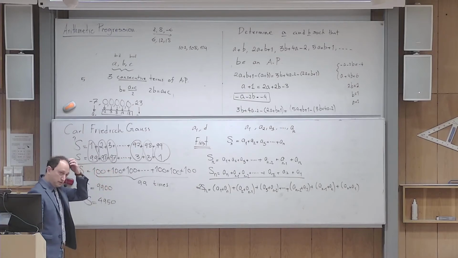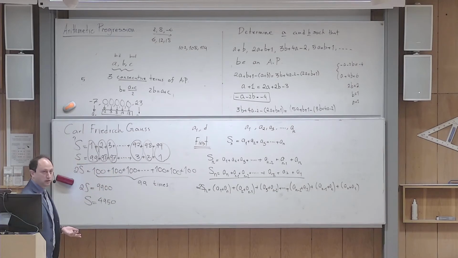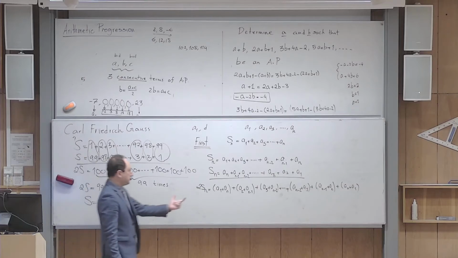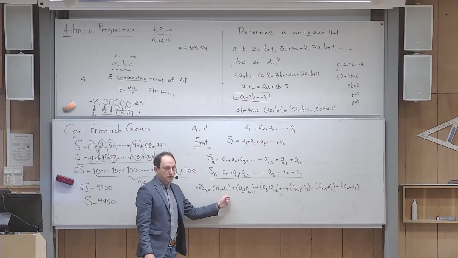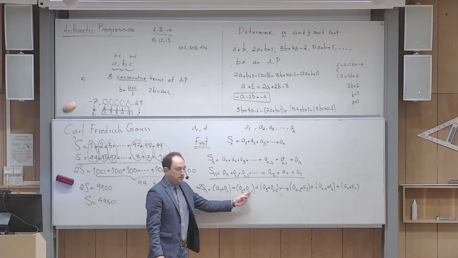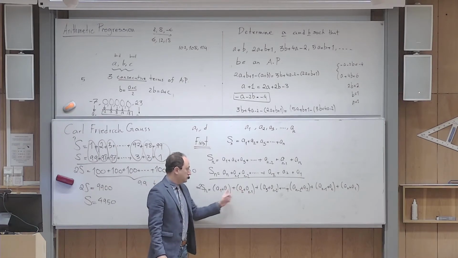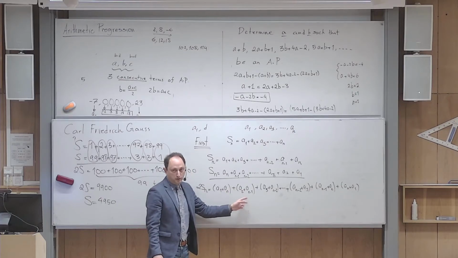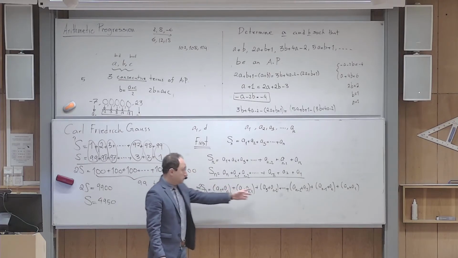In the case of this problem, it was extremely simple to see all of them are equal to 100. But here, apparently, they are different because the first sum is a1 plus an. The second sum is something else plus something else. Instead of a1, I have a2. Instead of an, I have a sub n minus 1. Okay? And the same story here.